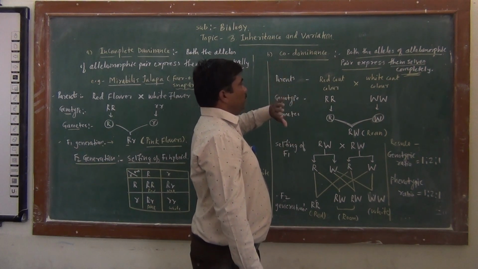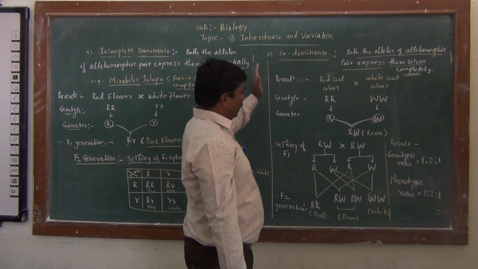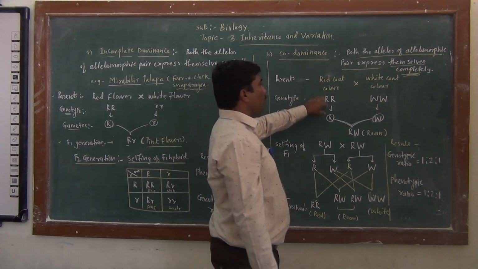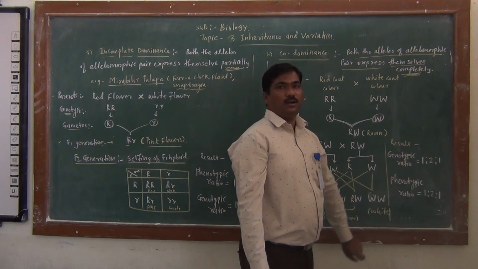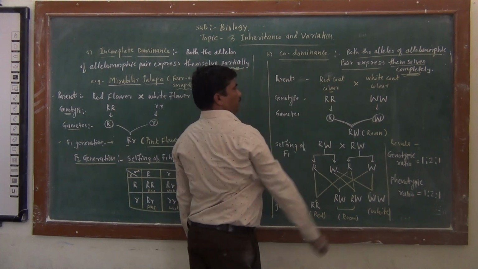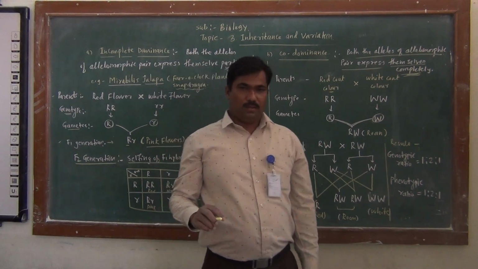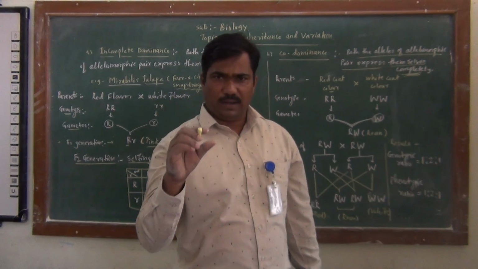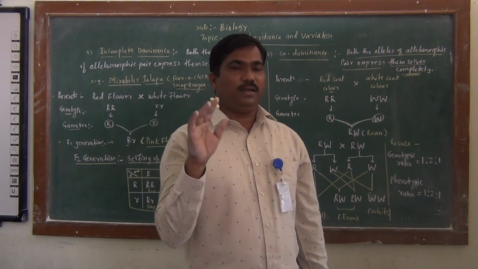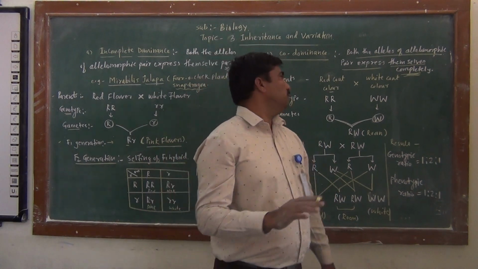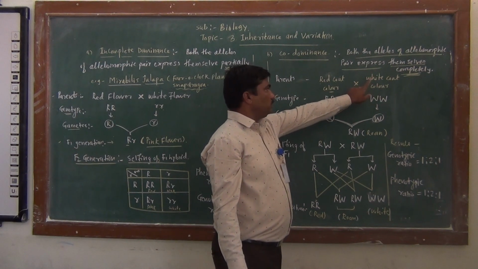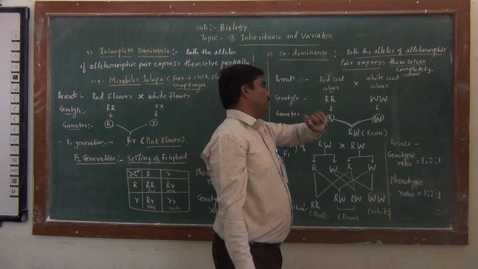So in codominance, we take the example of a red coat colored cow crossed with a white coat colored cow. The red cow has completely red colored hairs, called the red coat color, and the other cow has white colored hair.